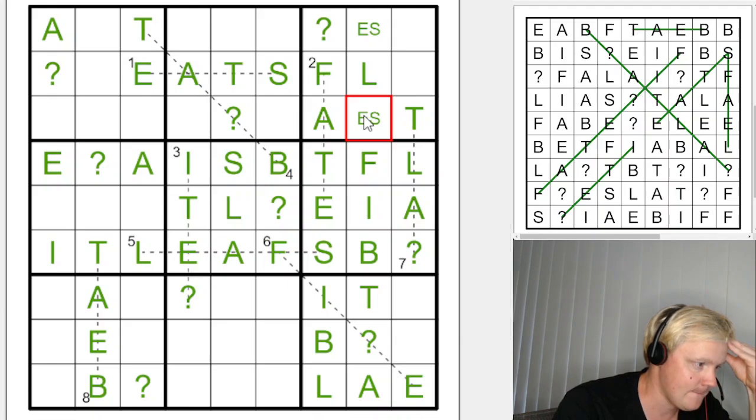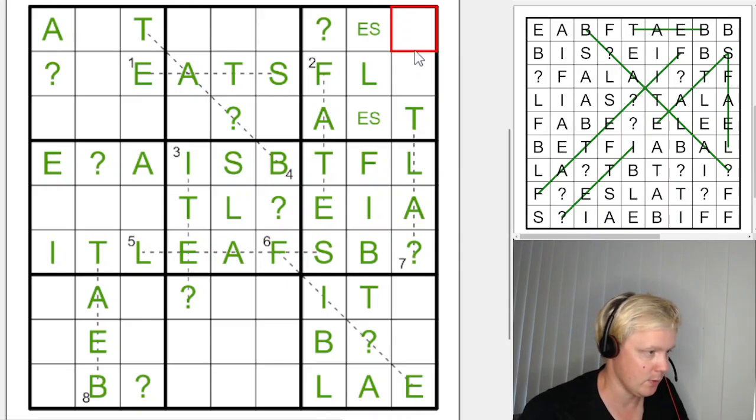Now then, what about these two? We now know these, and we need a B in this box, and we need an I as well. B and I are here. Pencil mark those as well.